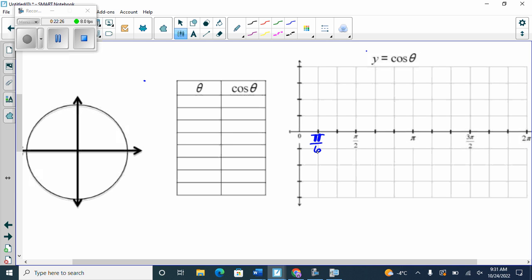Pi over 6, 2 pi over 6 is pi over 3. 3 pi over 6, 4 pi over 6 is 2 pi over 3. 5 pi over 6, 6 pi over 6, 7 pi over 6, 8 pi over 6 is 4 pi over 3, 9 pi over 6, 10 pi over 6 is 5 pi over 3, and then 11 pi over 6. And I always label my whole axis to help me out.